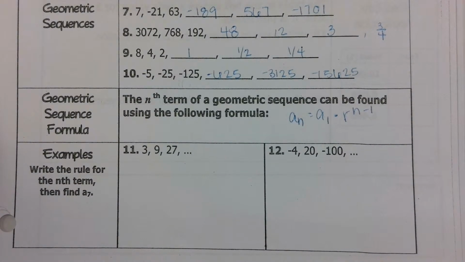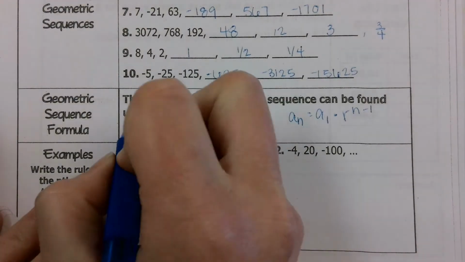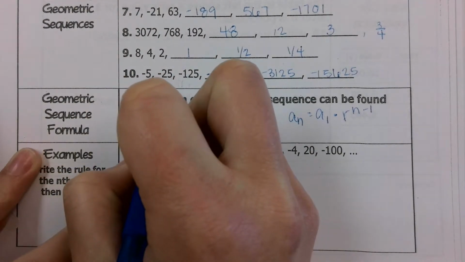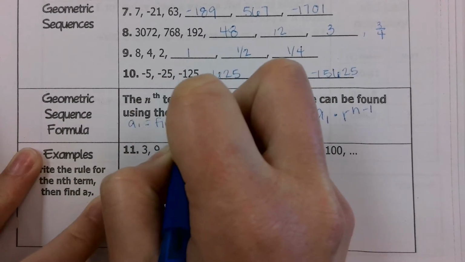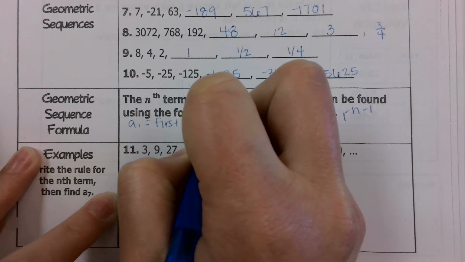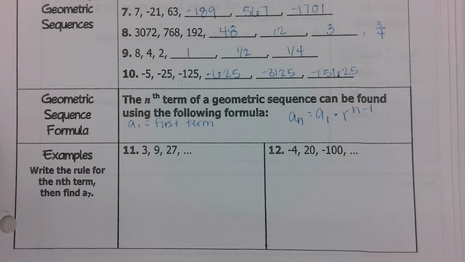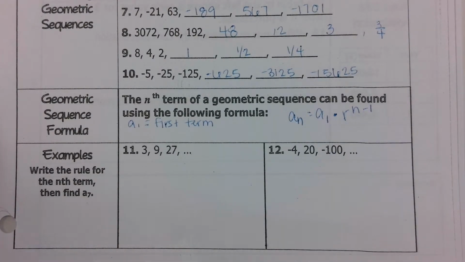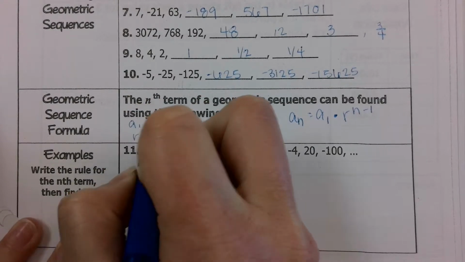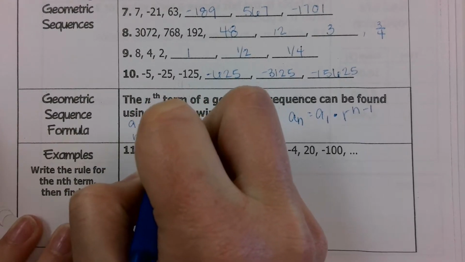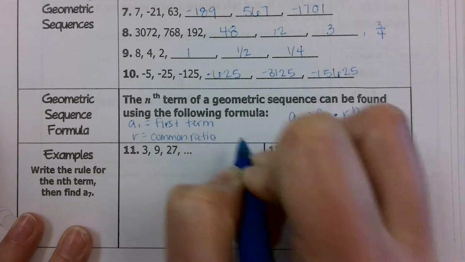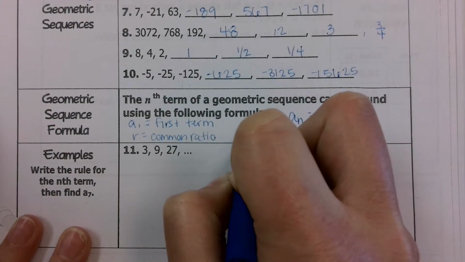Do y'all remember what a sub 1 stands for? That's your first term. And then your r is your common ratio. And what does n stand for?